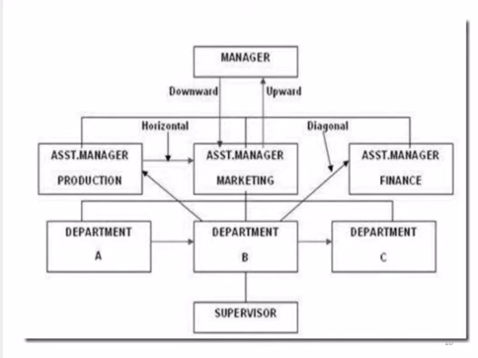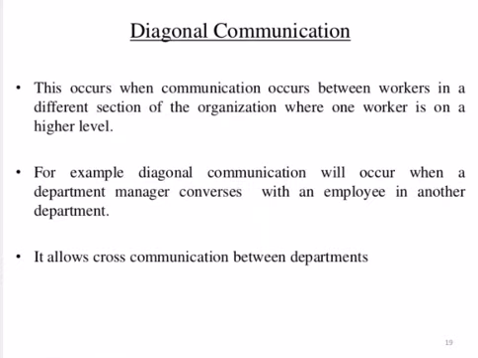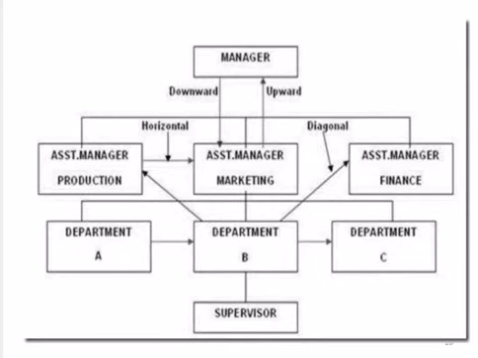If you will notice, yung tinatawag nating diagonal is pwedeng nag-uusap-usap si department A, B, and C. Na diagonal siya. So, ibig sabihin, within the department. For example, sa department B, maraming mga supervisor doon.